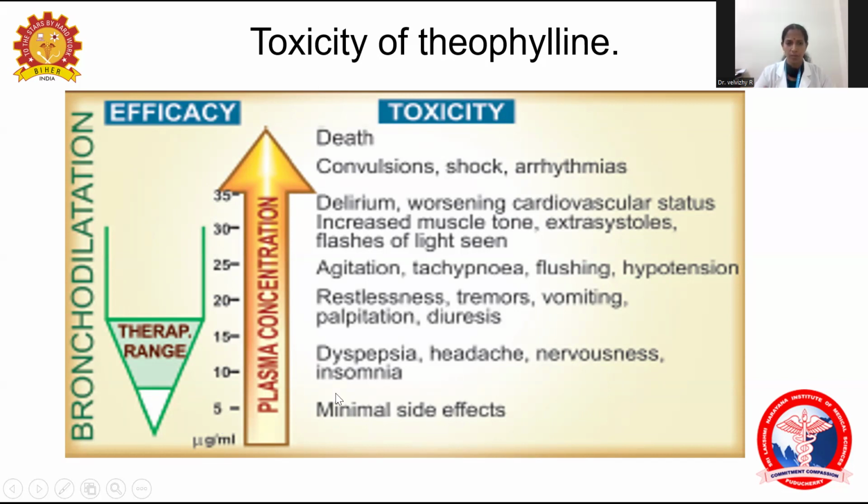And if it goes above 5, 10, 15 like that, it causes dyspepsia, headache, nervousness, and still further it causes tremor, vomiting, palpitation, agitation, tachypnea, and then delirium and decreased cardiovascular function. Then finally, it also leads to convulsion, shock, arrhythmia, and death.